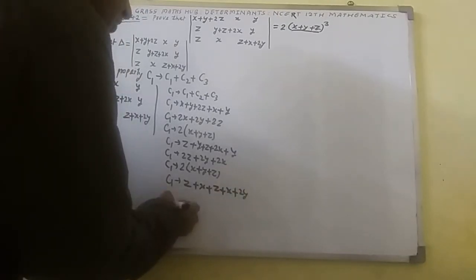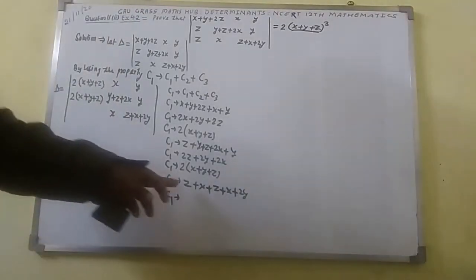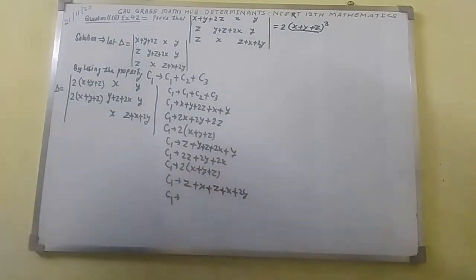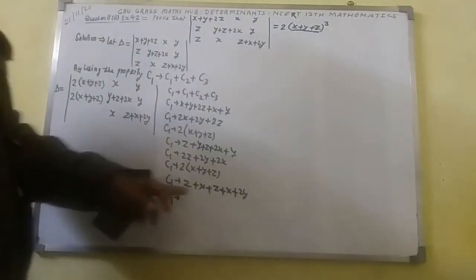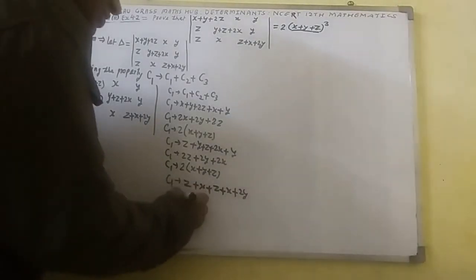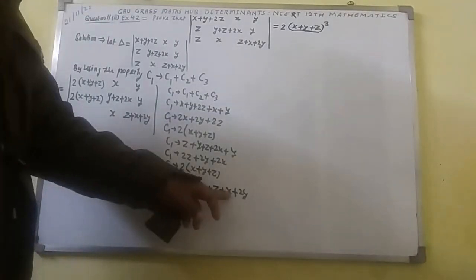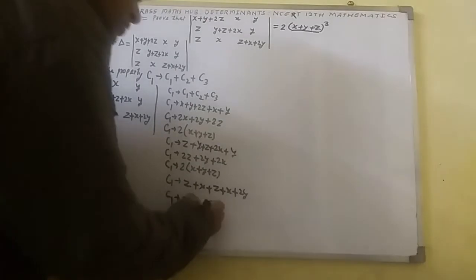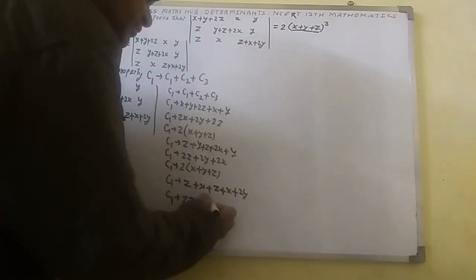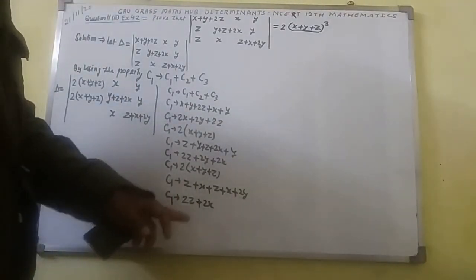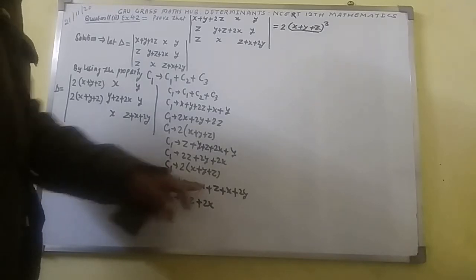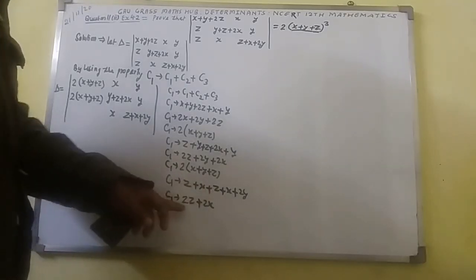So here C1 goes to z plus z. If you add this z to this z, you will get 2z. This x will be added together, you will get 2x. And this z will be added together, you will get 2z.